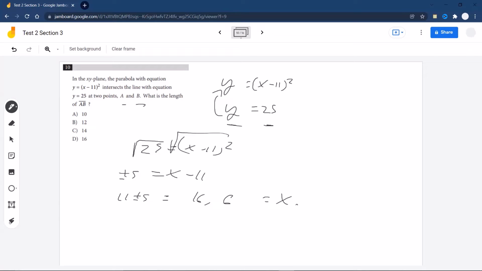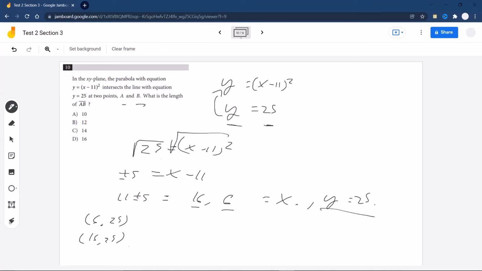So they want to know, what is the length of AB? The first thing we have to do is find out, we know y is 25, and we know that these 2 points are our x values. So therefore these 2 points are (6, 25) and (16, 25), because these are both our x values, and the y value is constant.